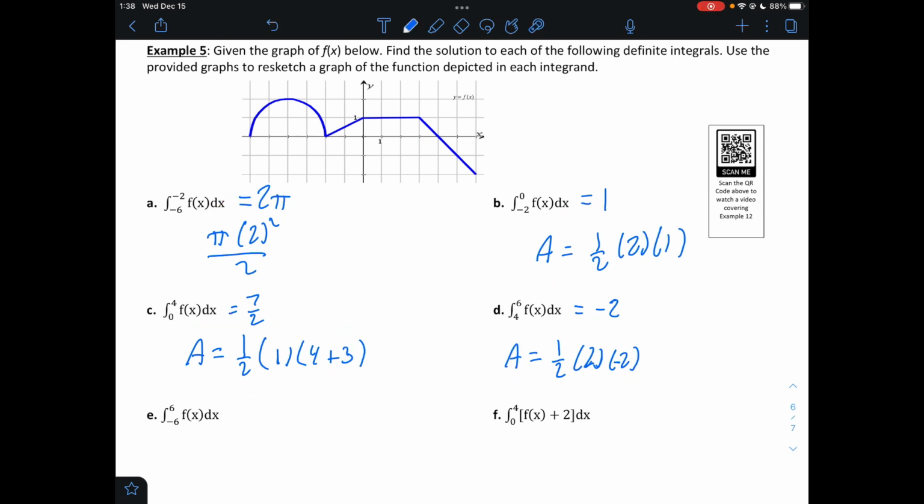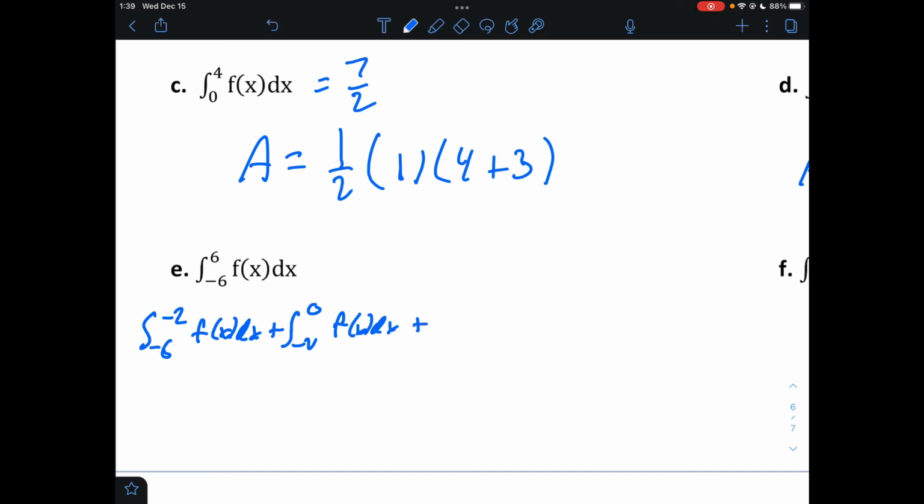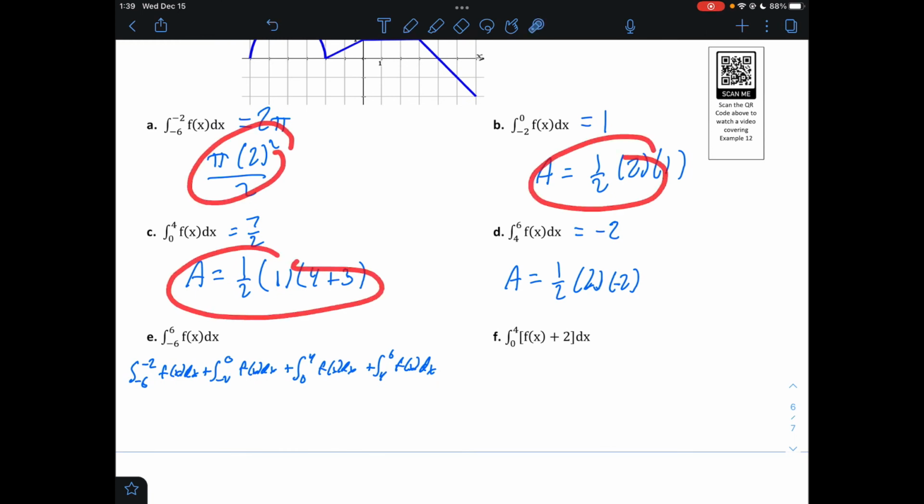So really what we're going to do is the integral from negative 6 to negative 2 of f of x dx plus the integral of negative 2 to 0 of f of x dx plus the integral from 0 to 4 of f of x dx plus the integral from 4 to 6 of f of x dx. Because those 4 we've already found right here.